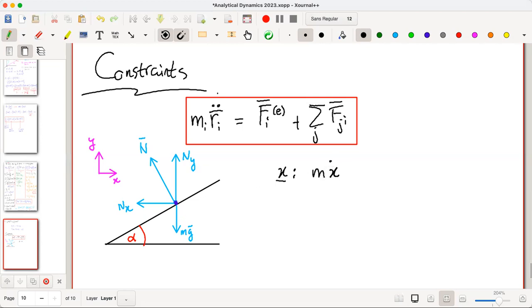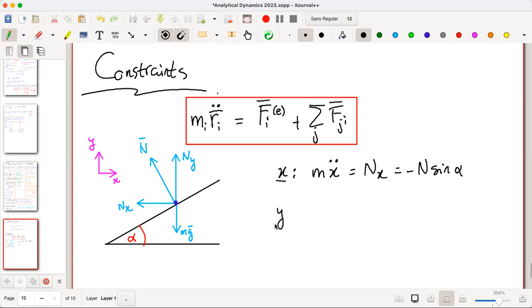So we have m x double dot equal to n of x, and n of x is just minus n sine alpha. Minus because we take the right direction to be positive, and so consequently the left direction is negative.